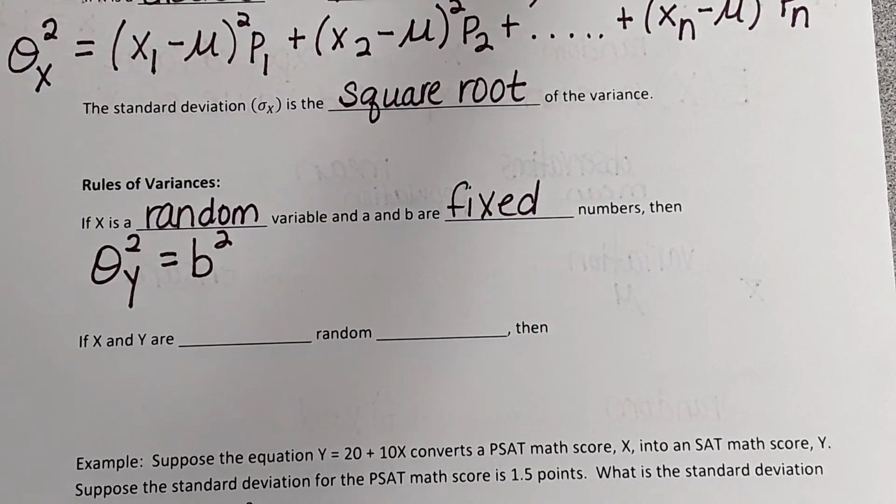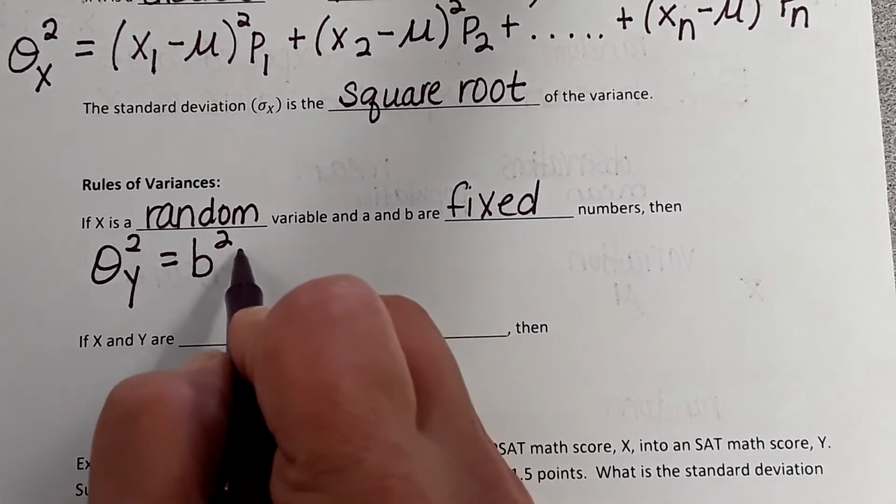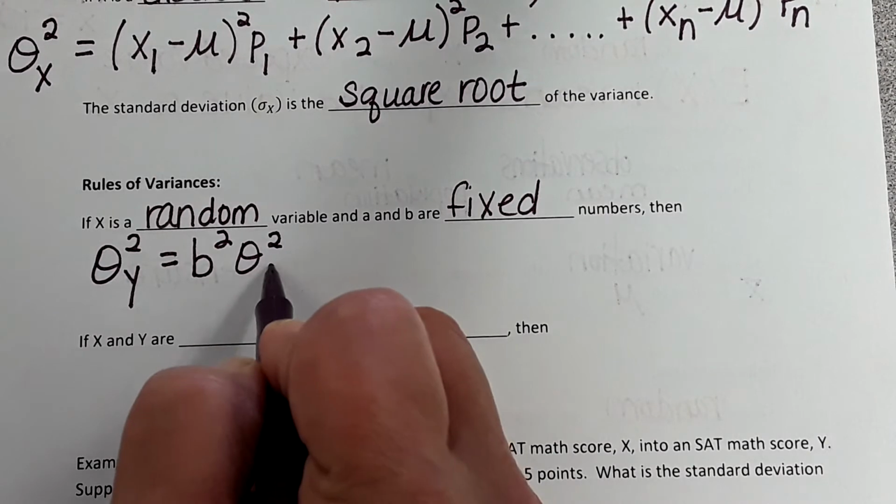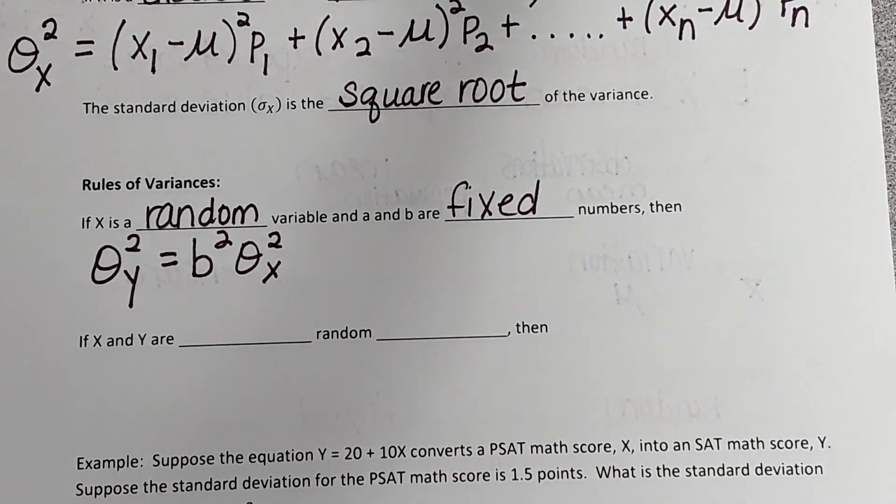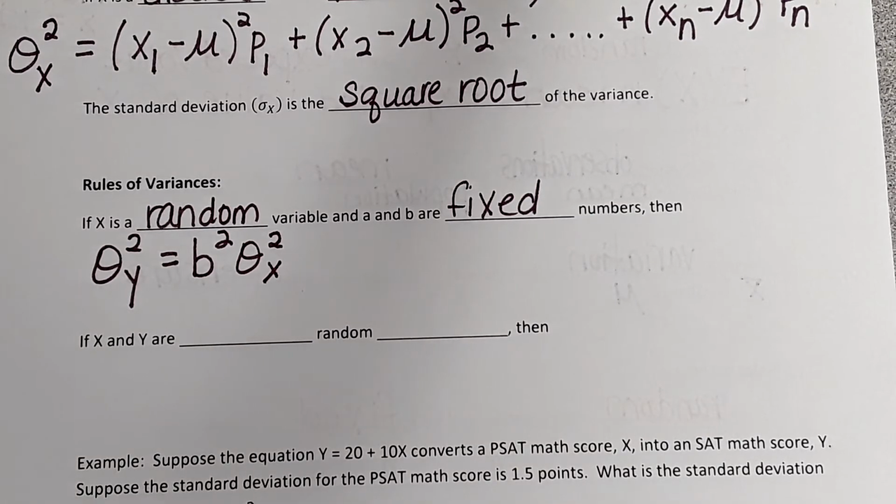In stats, b is usually the slope. We mix it up. Yes, in algebra you are actually right, but in stats, b is our slope, right? And then we multiply it by the variance. This formula is not on the formula sheet. They give you a lot of other formulas, but this one, not on the formula sheet. I know.